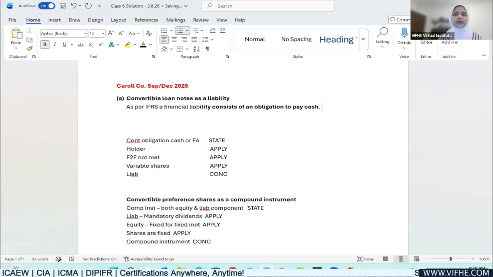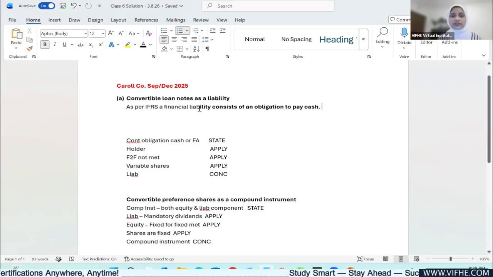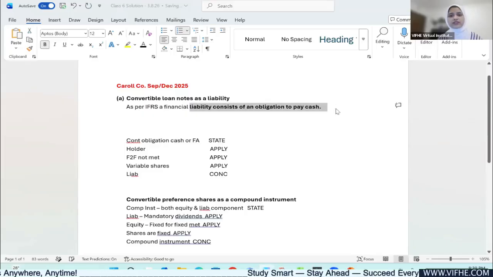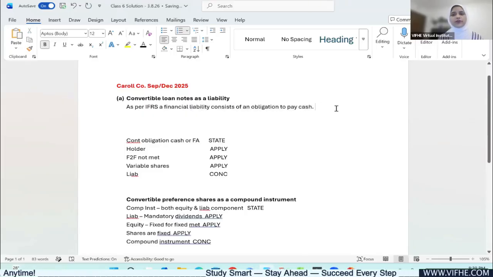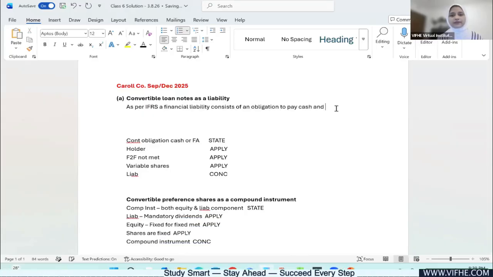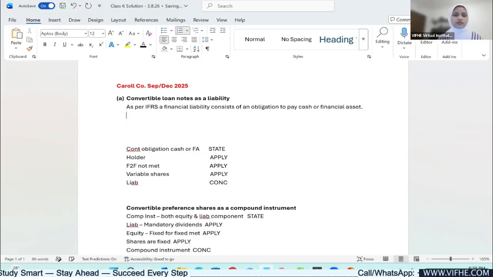You can stop here. Instead of writing to pay cash and financial asset, you can avoid that. Why? Because your relevant to scenario is right now cash, so you can even just write this much and stop. Or you can write, or financial asset. It's up to you. You could have stopped till cash also. Okay. Then apply.